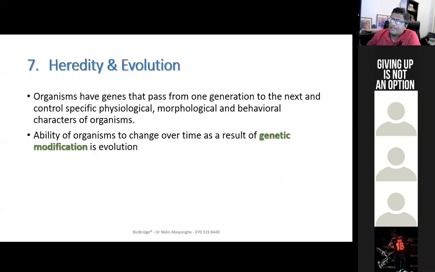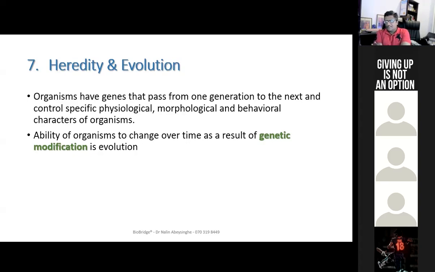Then heredity and evolution. What is heredity? Heredity is the passage of the characteristics of parents to their offspring. Sons and daughters are getting the characters of their parents, right? The basic characters are there because the formation of the heart, everything, is dictated by these genes.